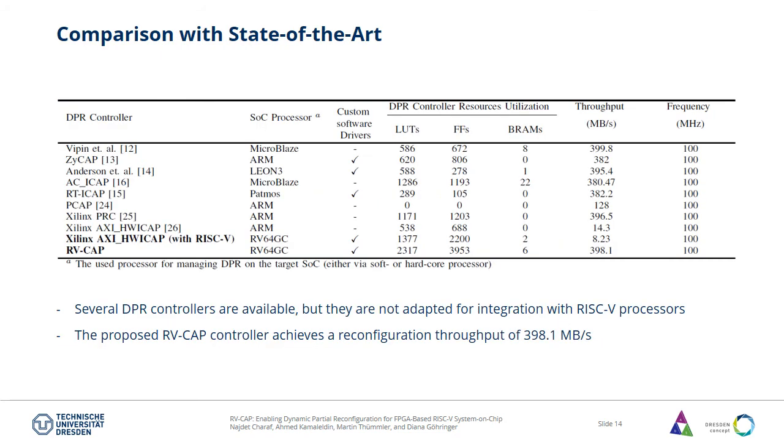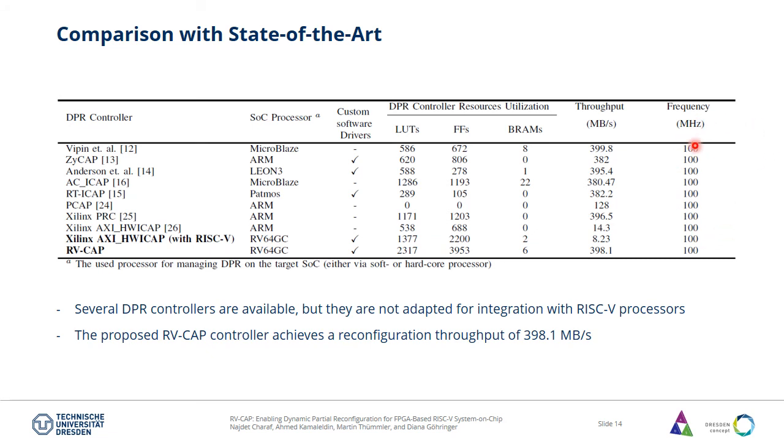In this slide, we see the comparison with the state of the art. From the table, we can see there are several DPR controllers and several approaches for managing DPR, but they are not adapted for integration with RISC-V processors. You can see here there is a MicroBlaze, an ARM, again an ARM, and a LEON3, but no RISC-V.